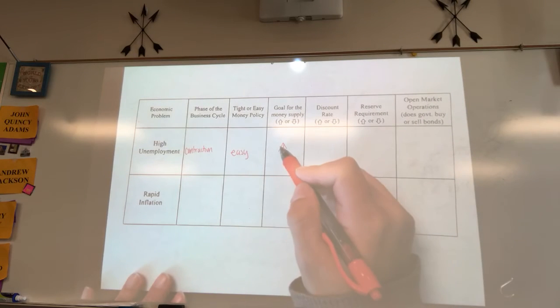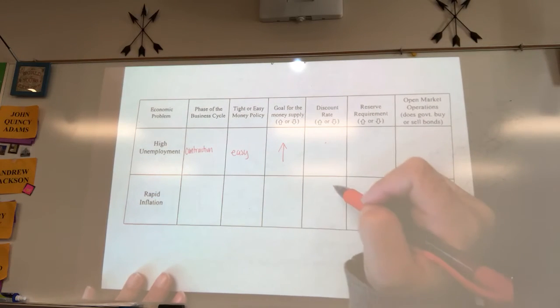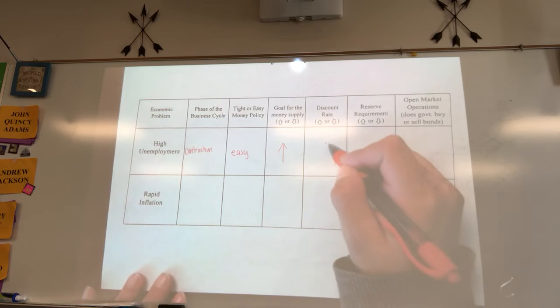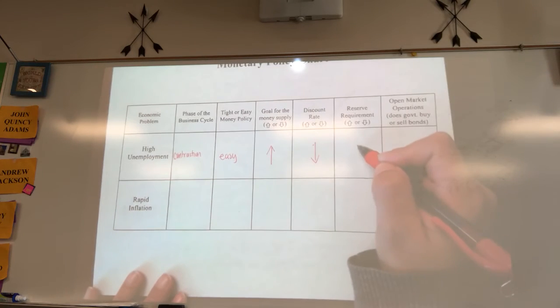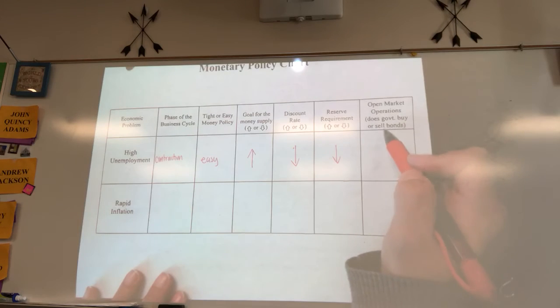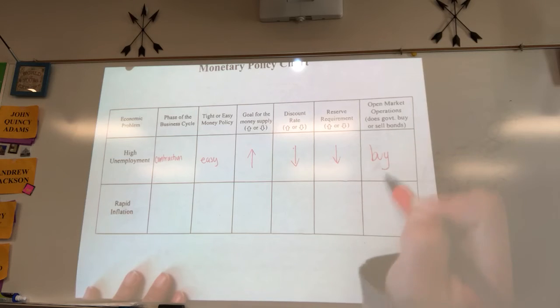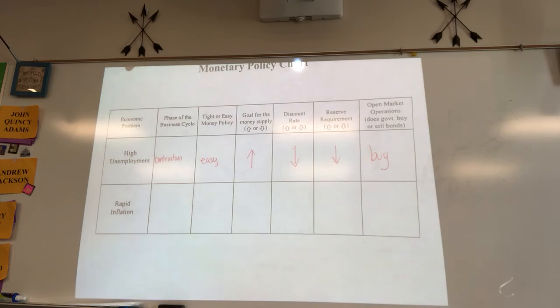So to increase our money supply, what do we need to do with the discount rate? Lower it. What do we need to do with the reserve requirement? Lower. Do we need to buy or sell? Buy. I don't know if this works for y'all. Some of y'all like the graph versus the other one.